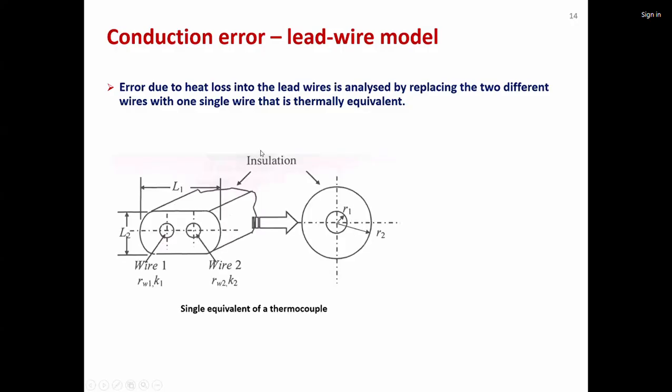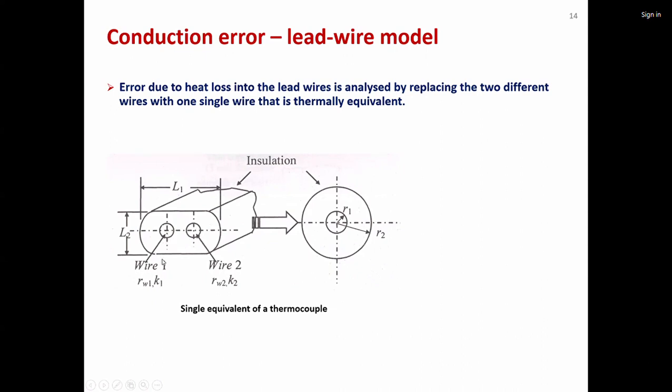And we talked about building a thermal model of the thermocouple. Typically, if you take a cross-section of thermocouple wire, it has these two wires, one positive and one negative.